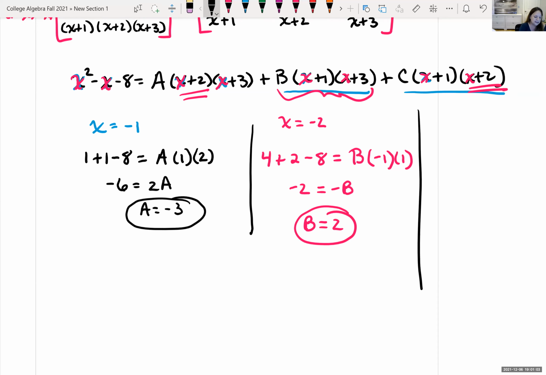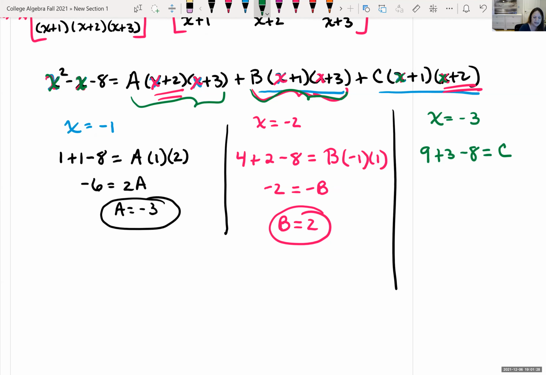And one more case, let's let x equal -3. So this a is going to go away, this b will go away. And now let's start plugging it in on the left-hand side. So -3 quantity squared is 9, minus a -3, so +3, minus 8 is equal to c.